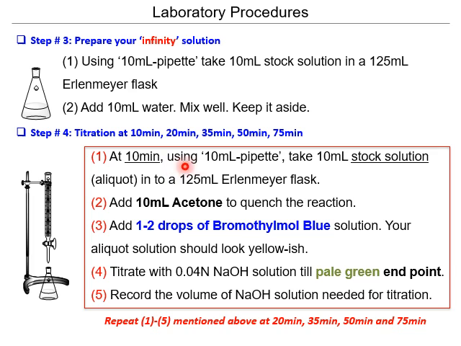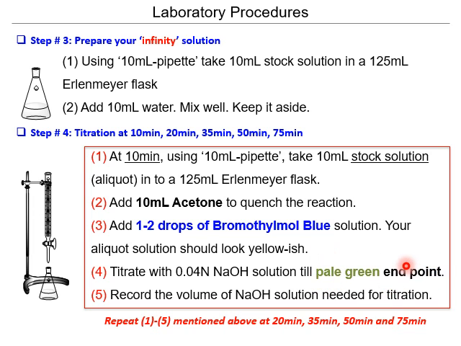So at 10 minutes, using a 10 milliliter pipette, you take 10 milliliters of stock solution into a 125 milliliter Erlenmeyer flask. You'll do this at each interval. Then you add 10 milliliters of acetone to quench the reaction, and you add 1 to 2 drops of bromothymol blue solution, which will tell you when the reaction is done for that alkyl, and you titrate with 0.04 molar sodium hydroxide solution till the end point.